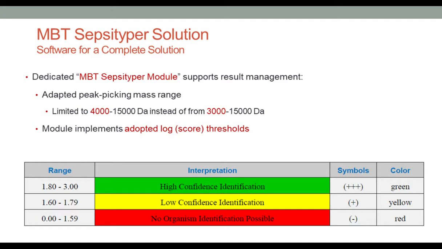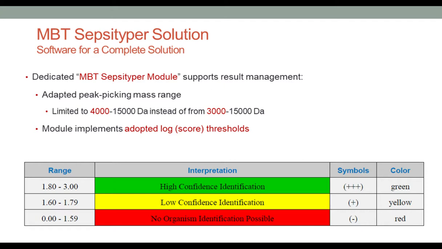There's a specific software that you can use for the Sepsityper. You have your standard software that you use for your bacterial cultures, but when you do the Sepsityper, you are processing a blood sample. So in addition to having your organism present, you've got particles of lysed blood cells in your sample. Those lysed red blood cells produce small particles that go up to your detector plate and are detected there, and you'll see little peaks from those particles.